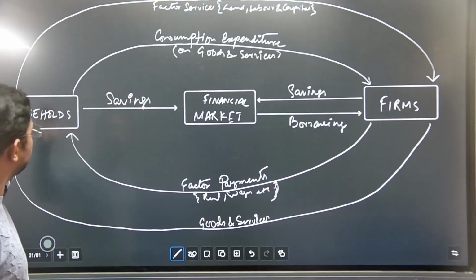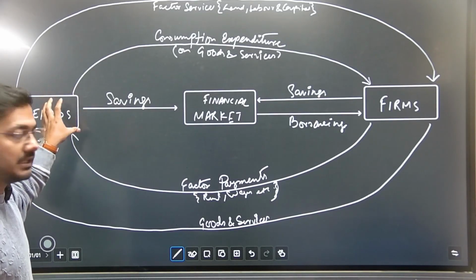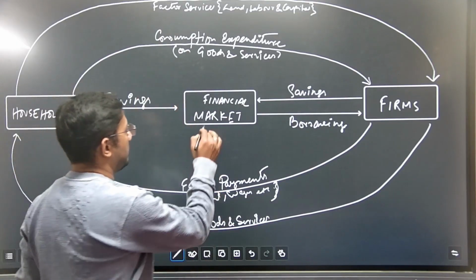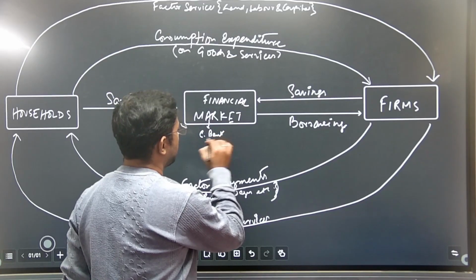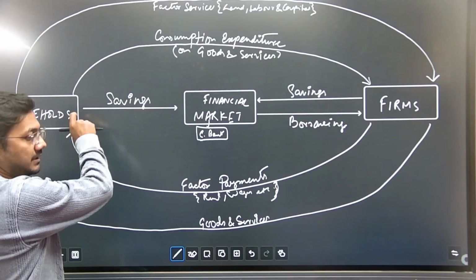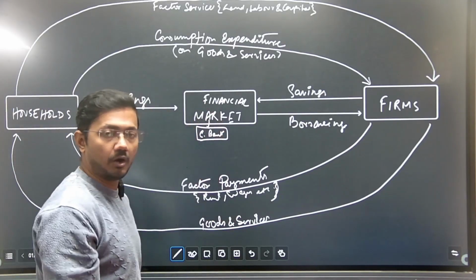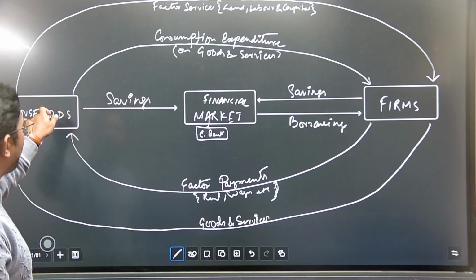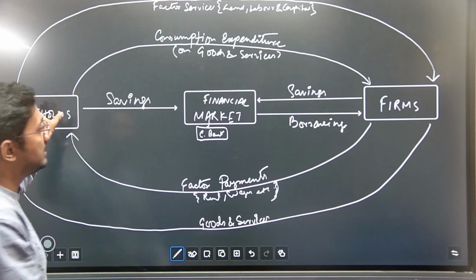One, in the mode of saving, that is the surplus money the household is mobilizing to the financial market, say for example a commercial bank. The household is mobilizing its surplus money, that is savings, to a commercial bank, which is a component of the financial market. And the other destination where the household is giving its liquid money is to the firms.